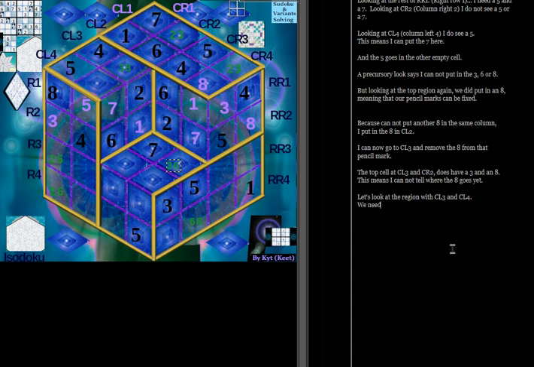Now we need a 3 and an 8 in this region, but where do you see a 3? Column left 4 contains a 3, which means we must put the 8 here.